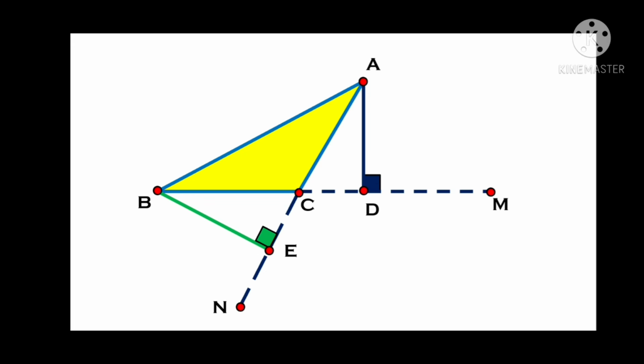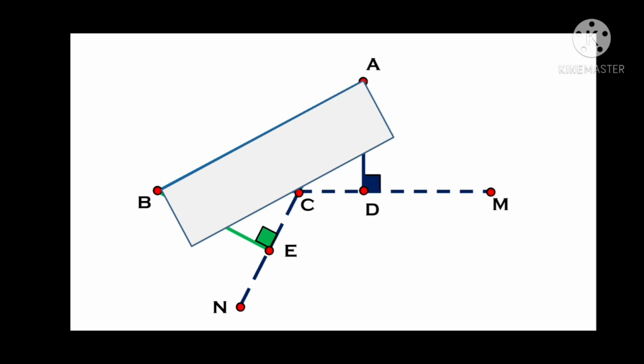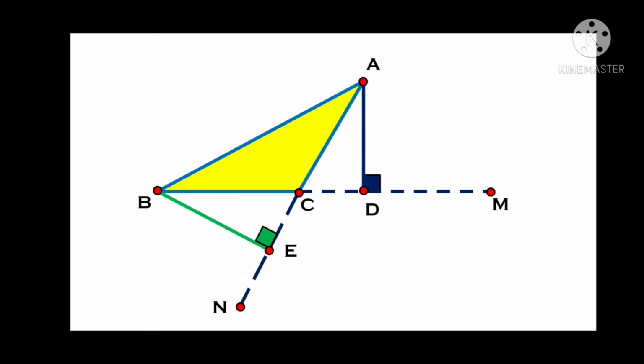Now any perpendicular from AB should come within this range, and we can see the point C lies within this range. So here there is no need of extending, so directly we can drop a perpendicular from C to AB. From C to AB we have dropped a perpendicular, let it meet at point F.